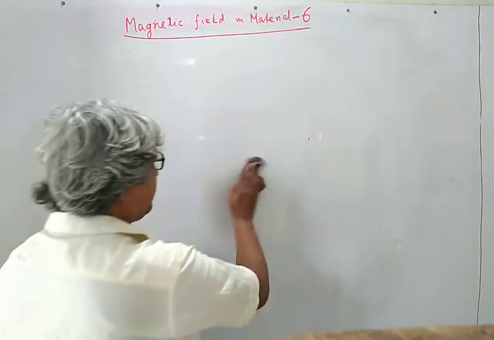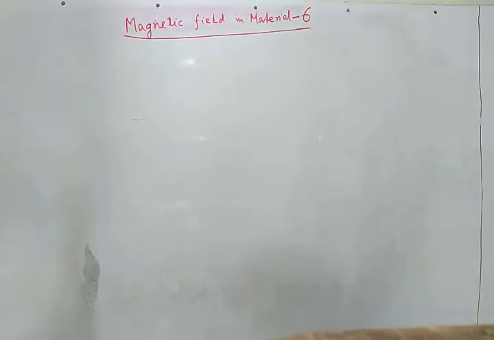There is another type of material called paramagnetic material. In paramagnetic material, there is a diamagnetic effect, but it is superseded by the orientational polarization. That is, the dipoles get oriented in the direction of the external field, and since the orientational polarization is more powerful than the induced polarization, the overall effect is that the field within a paramagnetic material is greater than the applied field.